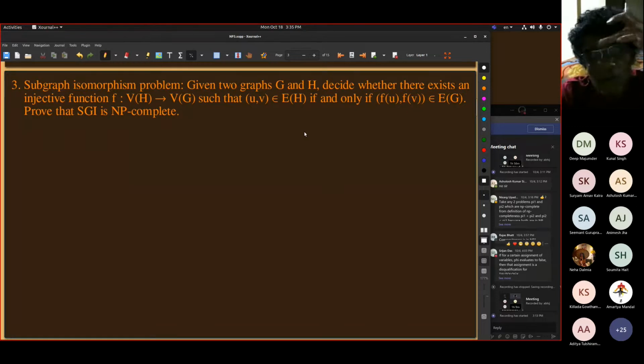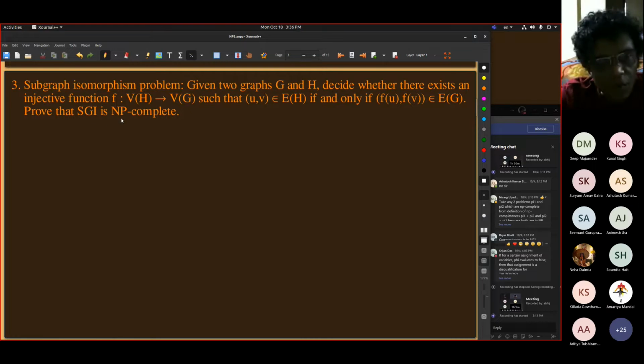Okay. So I am not demanding G and H to be fully isomorphic. What I am now demanding is that a complete copy of H should reside in G. This is the subgraph isomorphism problem.